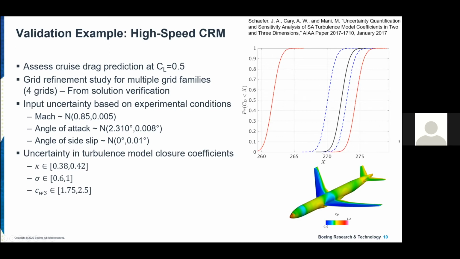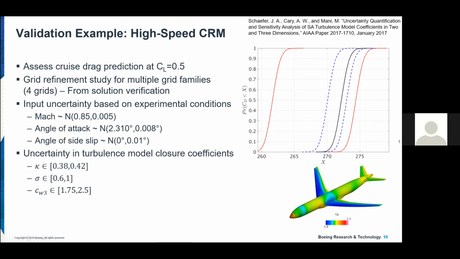If you look at it, this black curve represents the aleatory uncertainty due to our input conditions, and it says that our drag is probably somewhere between 270 and 273 counts. Once we add on the uncertainties due to the turbulence model, that gives us the blue offsets. Now we have a probability box that starts to describe our level of confidence in the solution.